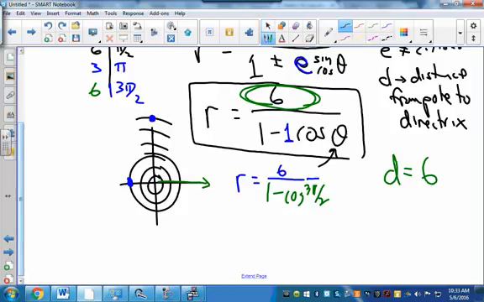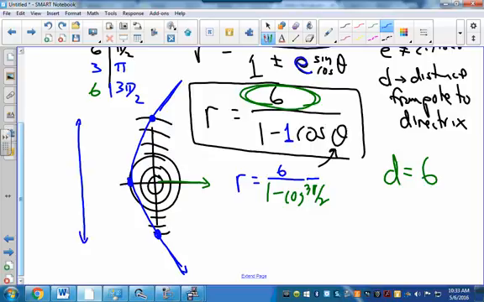We'd be down here, 1, 2, 3, 4, 5, 6, like that. Now we could put other points in, but sure enough, this is a parabola. The directrix is a vertical directrix. It happens to be to the left of the pole, and this distance is d, which you can get from the equation, is 6. So you just go 6 units to the left.